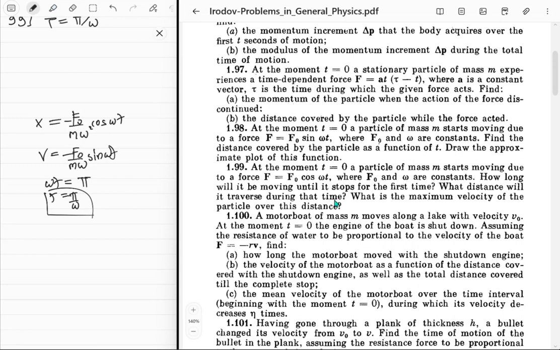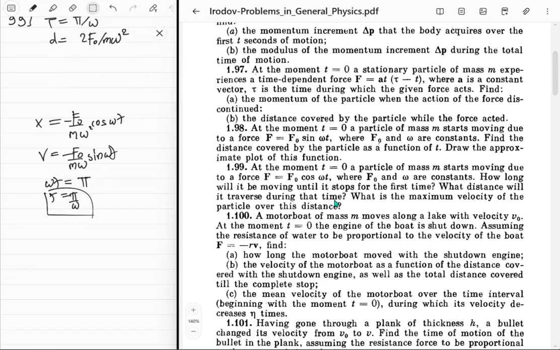So it will be all of the displacement in between. Initially at omega t equal to 0, your x is just negative f naught upon m omega squared. And finally at omega t is equal to pi, this will be f naught upon m omega squared. So you can guess what it's going to be. The distance is just 2 f naught upon m omega squared. That does it.